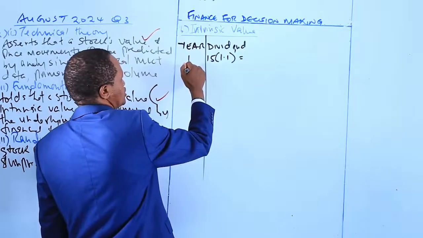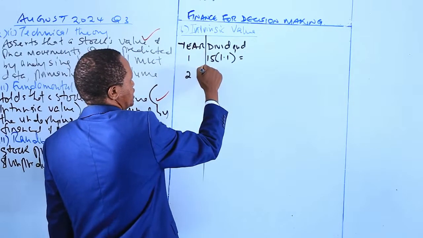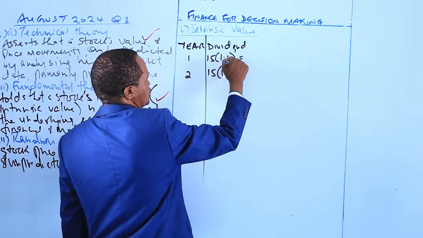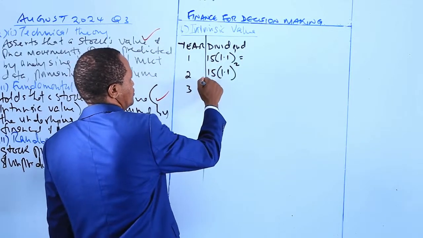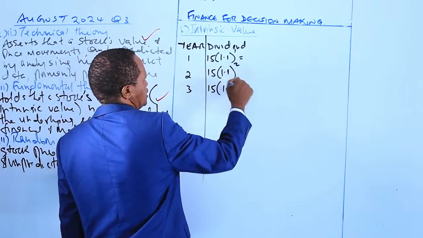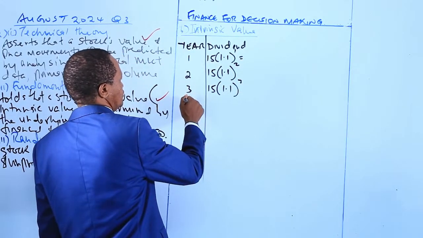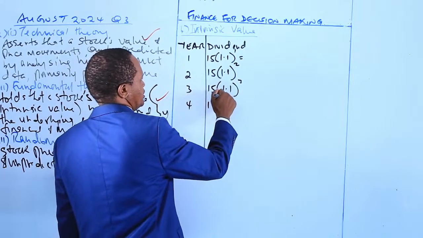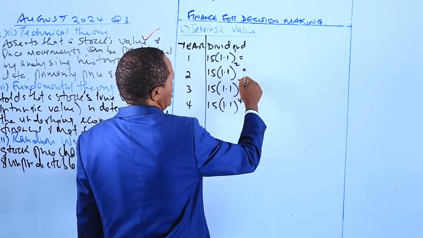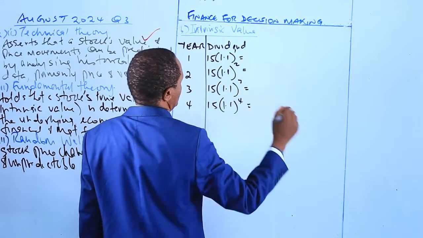Then at the end of year 2, we'll again multiply 15 by 1.1 squared. Year 3, it will be 15 times 1.1 raised to 3. Year 4, 15 times 1.1 raised to 4.